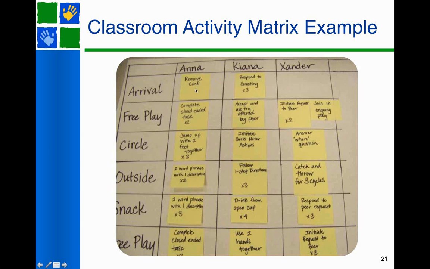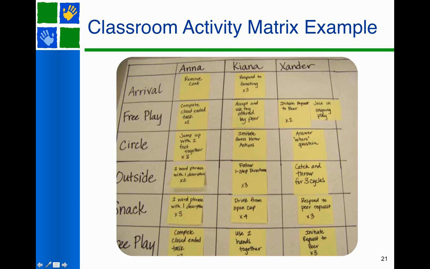Again, I want to emphasize that this is instruction that's above and beyond what's happening for all children, including these children. So this is additional instruction above and beyond the core curriculum that all children in the classroom are experiencing. The other thing that you might notice in this particular activity matrix is that the teachers have also decided to distribute embedded instruction trials on the same identified learning target across different activities.